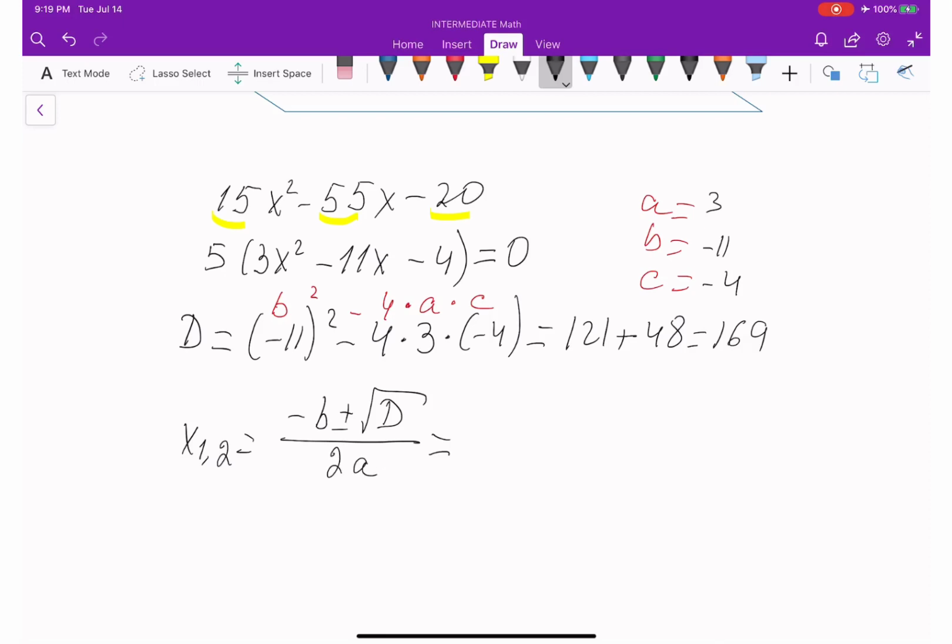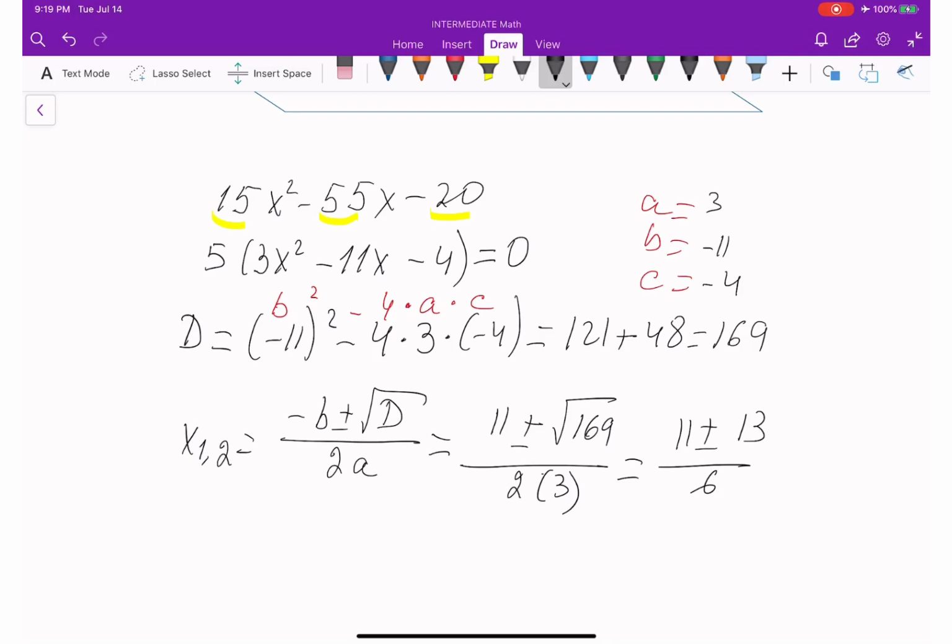That is equal to positive 11 plus minus square root of 169 over 2 times 3. So 11 plus minus 13 over 6.